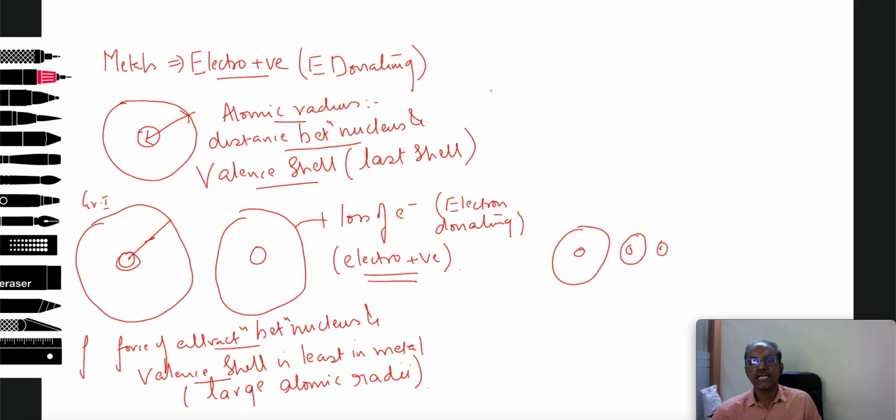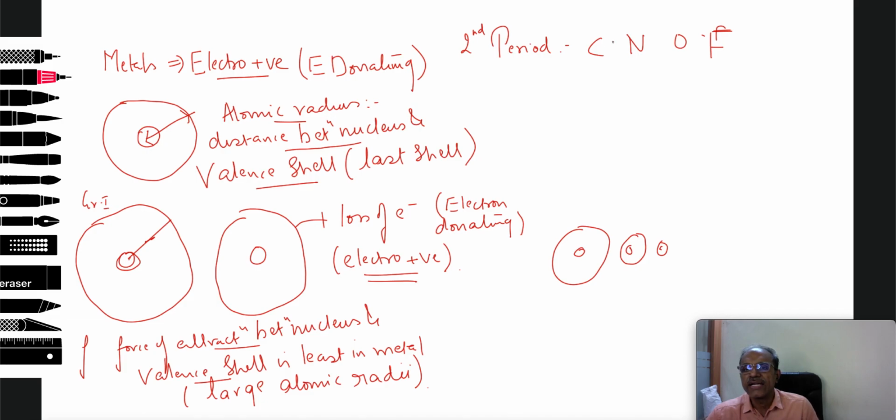Suppose, as we have seen, for example I will take the second period. There is carbon, nitrogen, oxygen, fluorine. Right?